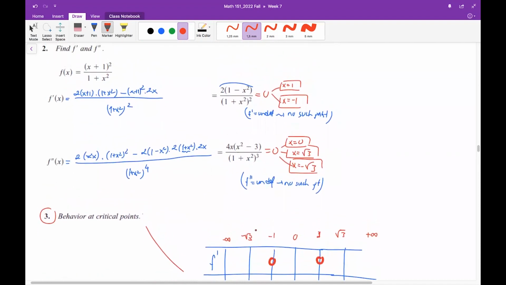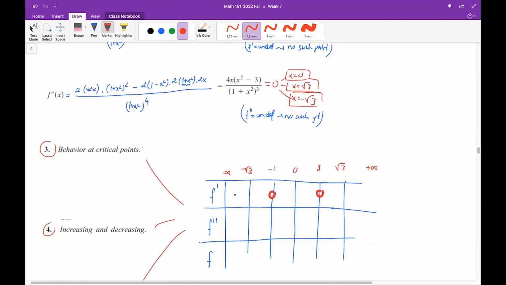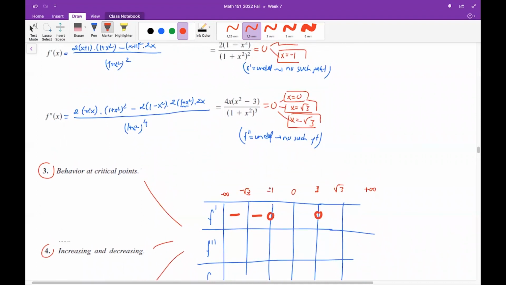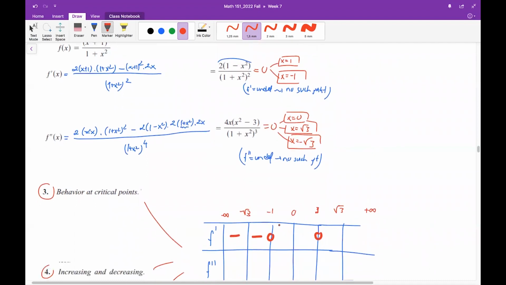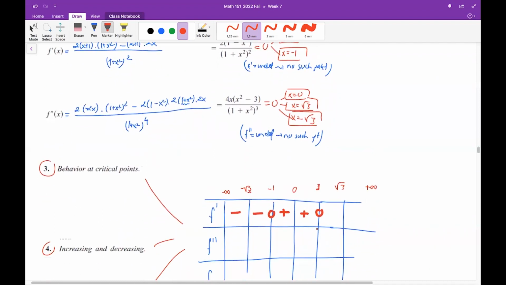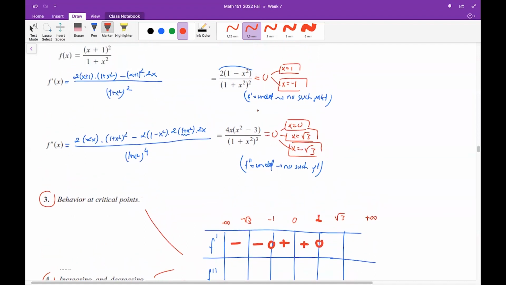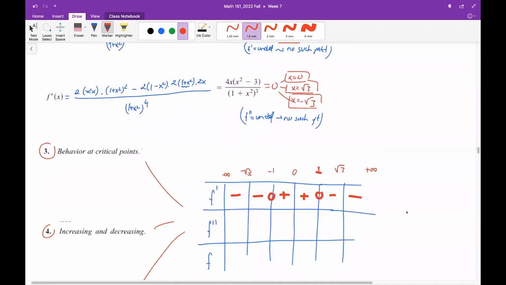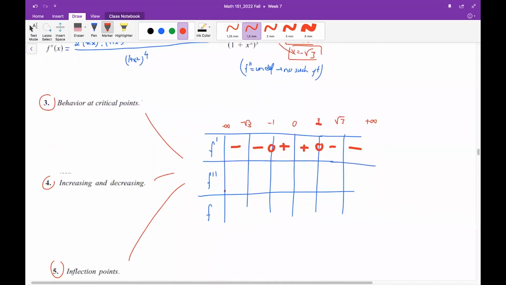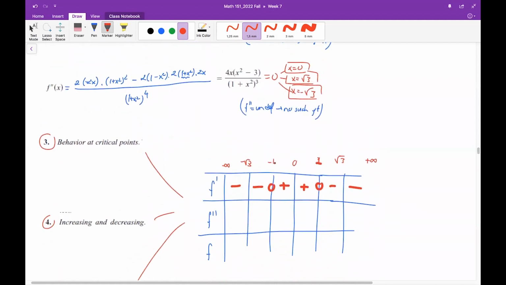For example, you can pick minus 2, insert it here, and you can see that it will always get negative values. From minus 1 to 1, for example, you can insert 0 to verify that first derivative takes positive values over here. And after the point 1, for example, insert 5, you will verify that first derivative gets always negative sign. Okay, we will do the same analysis now for the second derivative.